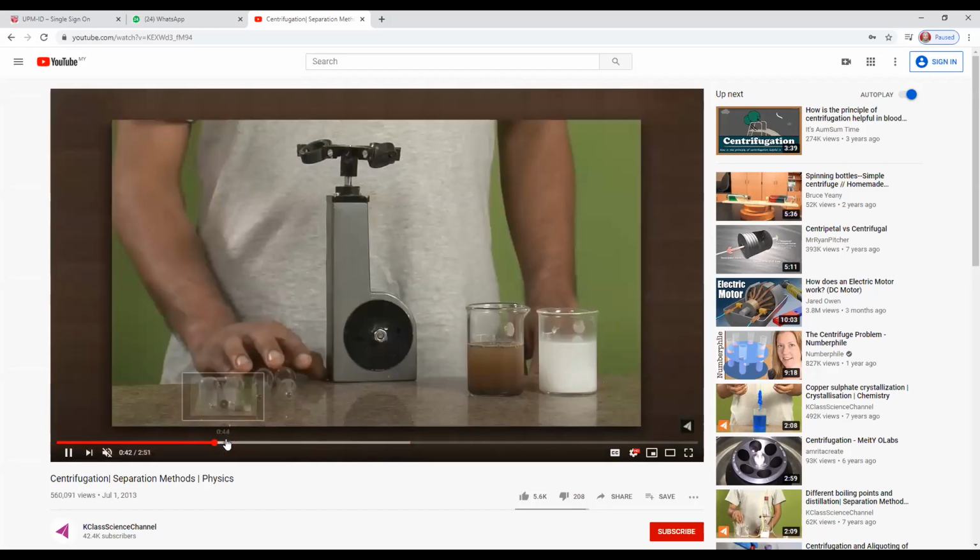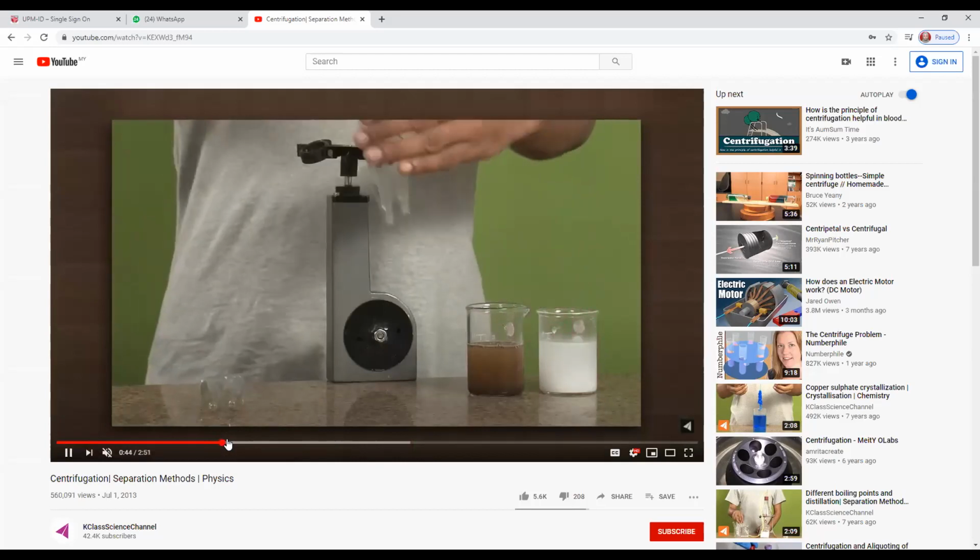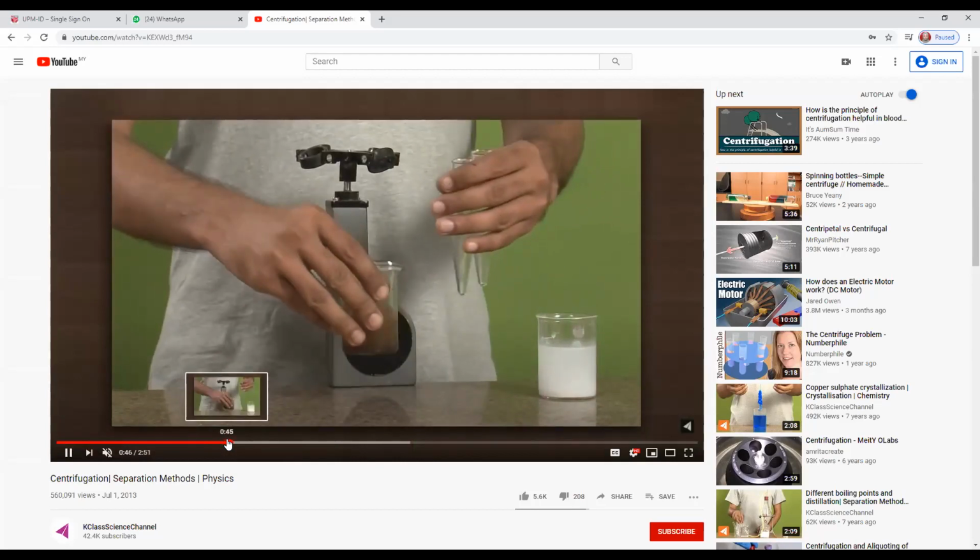Okay, so here there is a cloudy mixture.